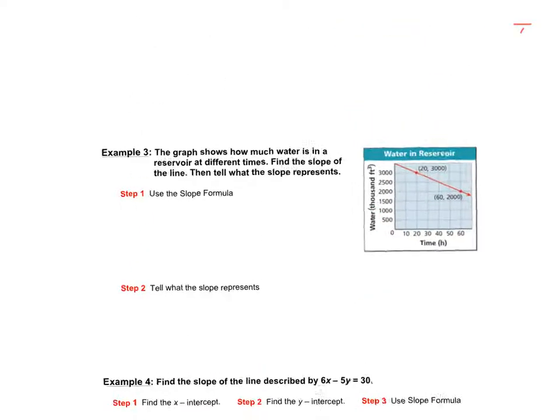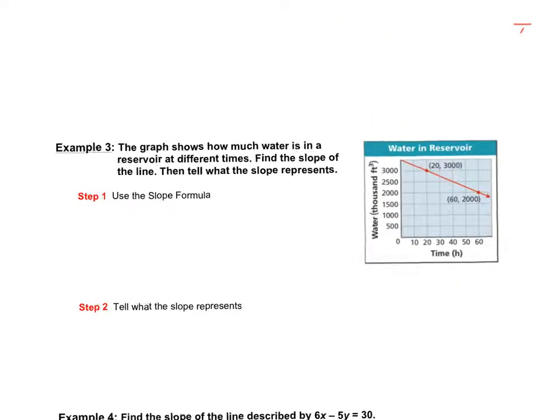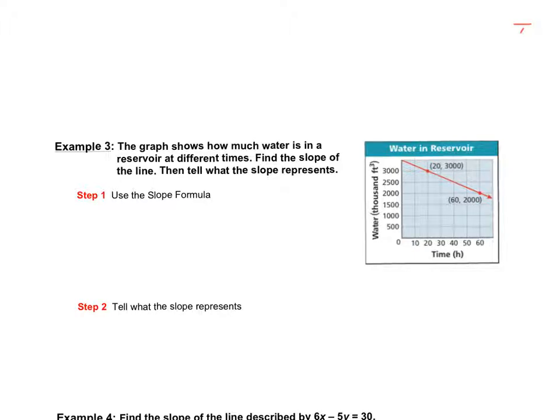Okay, let's look at the real world application. The graph shows how much water is in a reservoir at different times. Find the slope of the line and tell what the slope represents. So as I look at this, I see 2 specific points on that line, and I see that from left to right it's going down. So this must be decreasing.